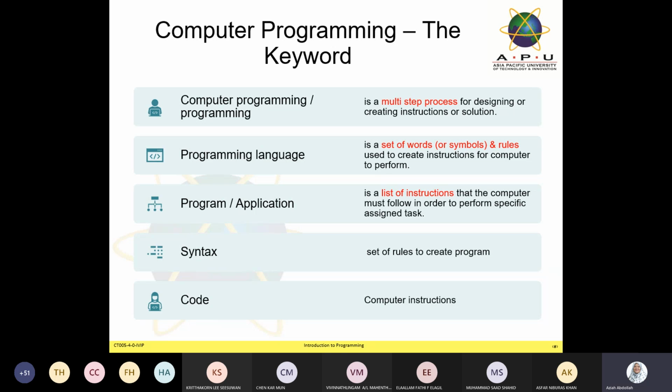Okay, while program or application is a list of instructions that the computer must follow in order to perform specific assigned tasks. While syntax is a set of rules to create a program, code is the computer instruction.